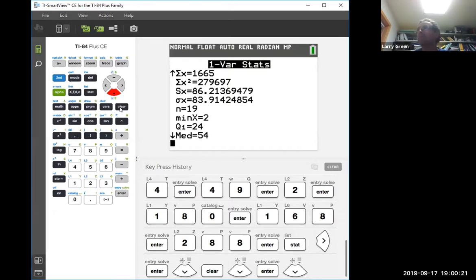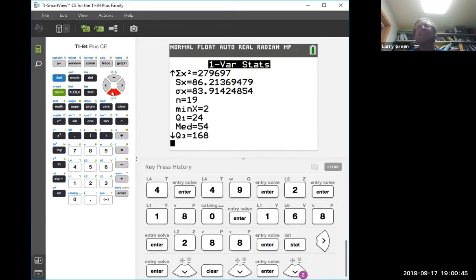Scroll down again. Q3, any guess on what that is? Yeah, that's the third quartile. Often also called the 75th percentile, which means 75% are at that value or less, 168.